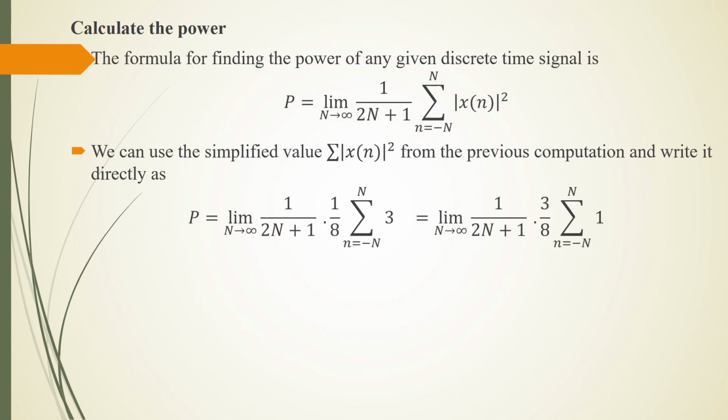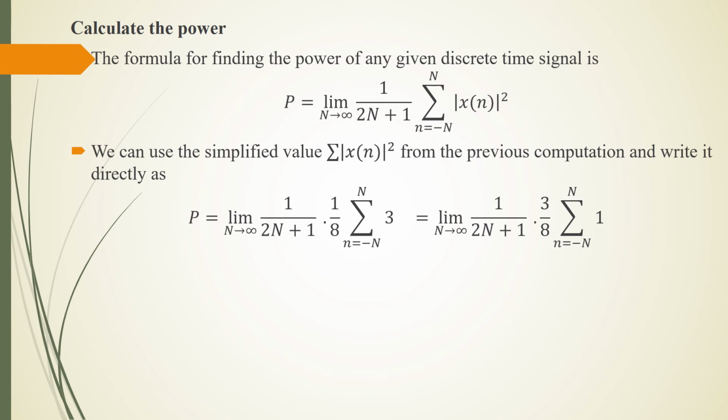P is equal to limit n tending to infinity 1 by 2n plus 1, and this summation was 1 by 8 summation of 3 from the last slide. Here, the only difference in the summation is that minus infinity to infinity is now replaced by minus n to plus n.